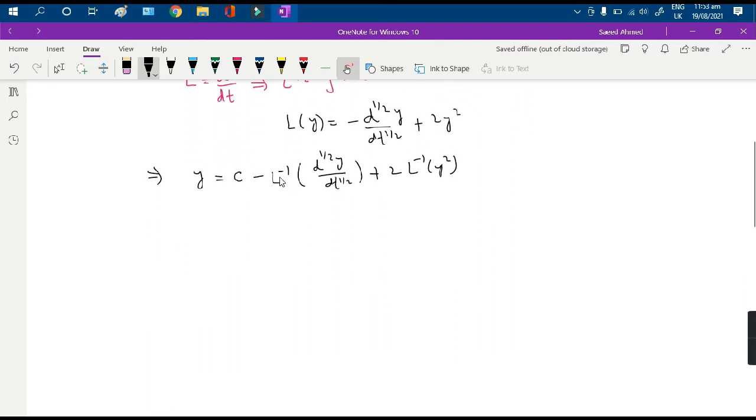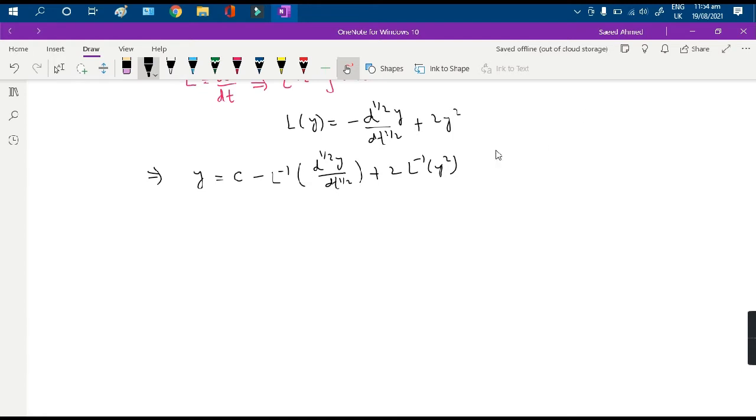Now since L inverse is an integral operator and this is a differential operator, we have two operators on one term. We can combine them. The index law for fractional integral and fractional differential operators allows us to write it as a single operator.